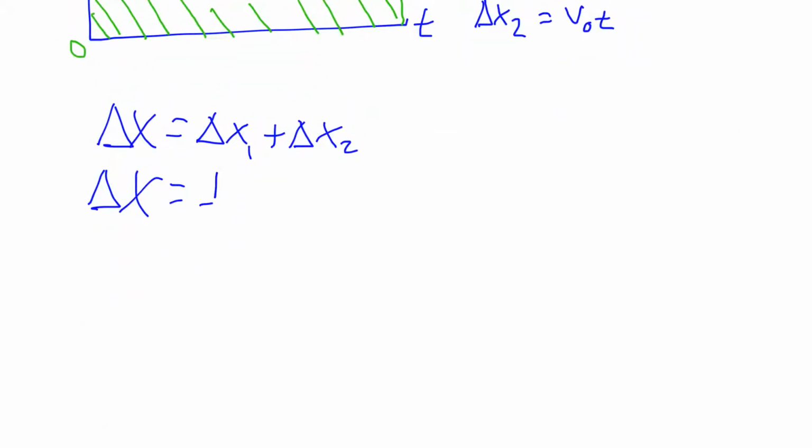So that's going to be 1/2 t times delta v, plus v naught t.